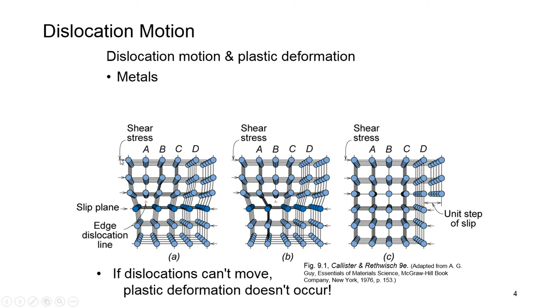Due to the shear stress applied from left to right, it goes from left to right, so it slides over the adjacent plane and makes a new half plane to the right of the previous one, and finally we see a permanent deformation, what we know as plastic deformation. Of course, if dislocations can't move, then we don't have plastic deformation. Remember, if we apply plastic deformation to a material and then unload it, we are hardening the metal. Just to correct myself, by material in the previous sentence I mean metals.